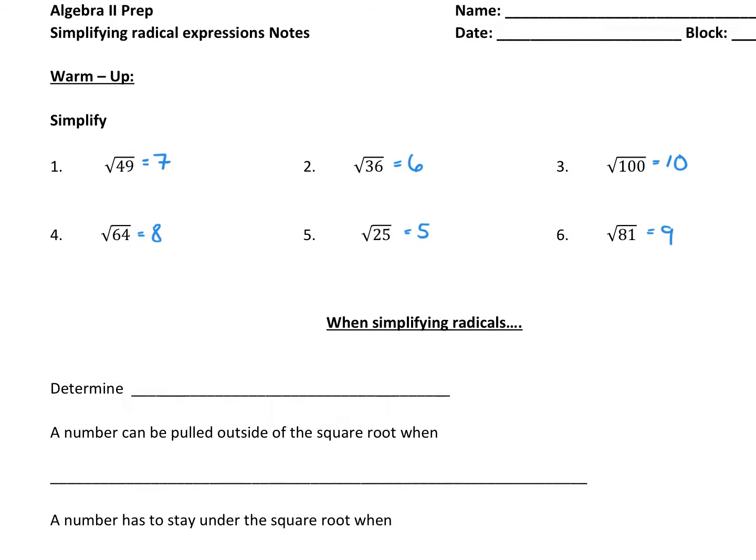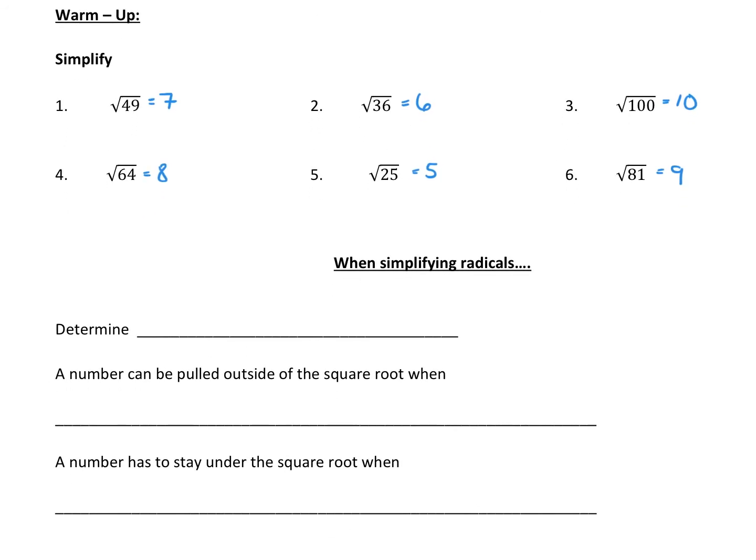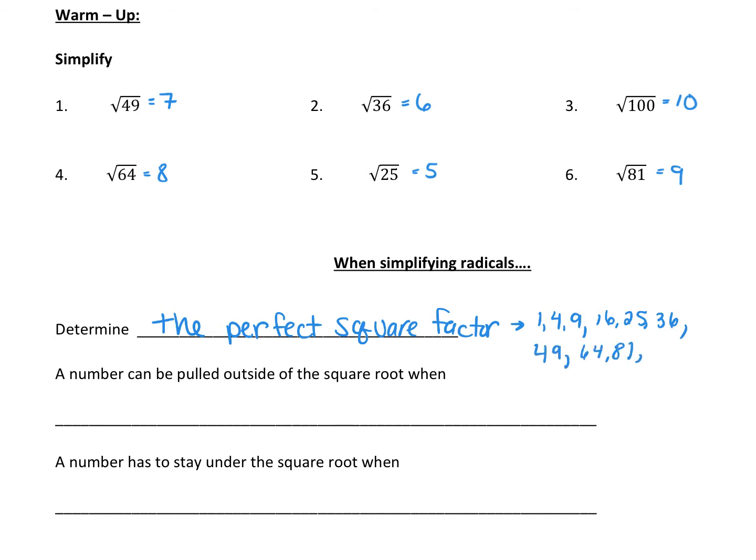So why are we talking about perfect squares? Because when we're simplifying square roots, we need to determine the perfect square factor. Our perfect squares are 1, 4, 9, 16, 25, 36, 49, 64, 81, 100, and so on and so forth.